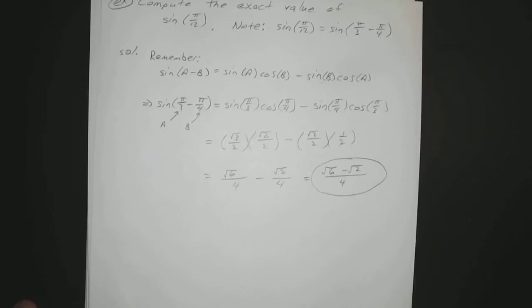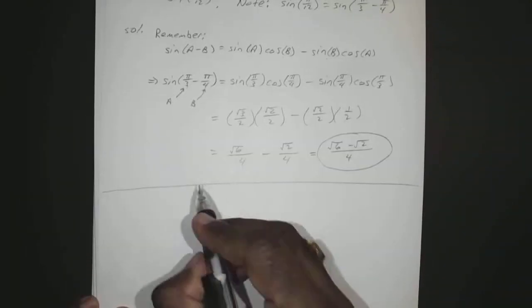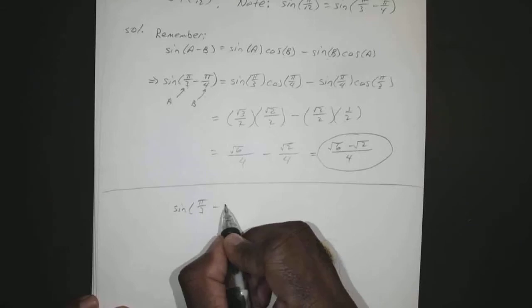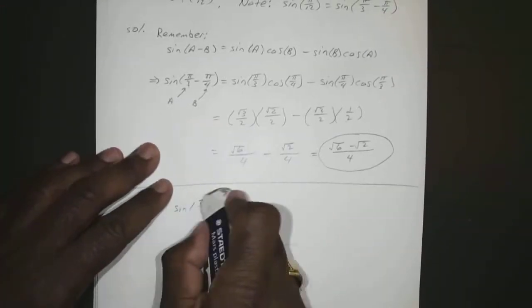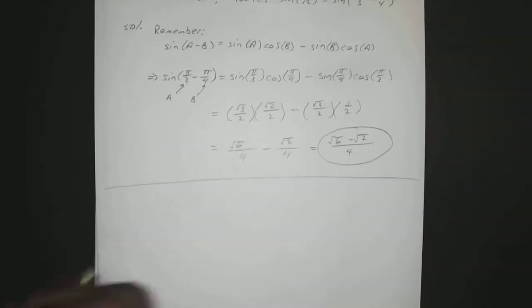Yes? How did you get pi over 12 equals pi over 3 minus pi over 4? Oh, for that one, so if you have, say, sine of pi over 3 minus, well, actually don't even need the sine right here. Let's say if you just have the pi over 3 minus pi over 4.